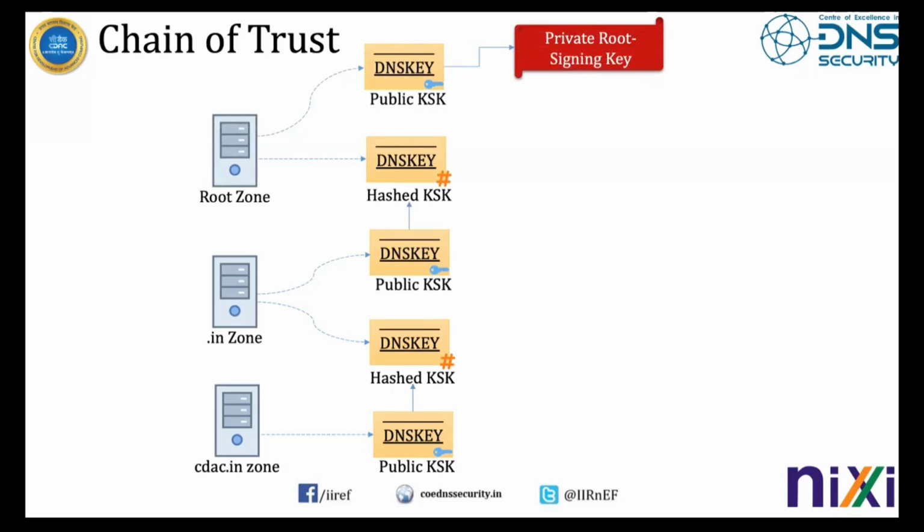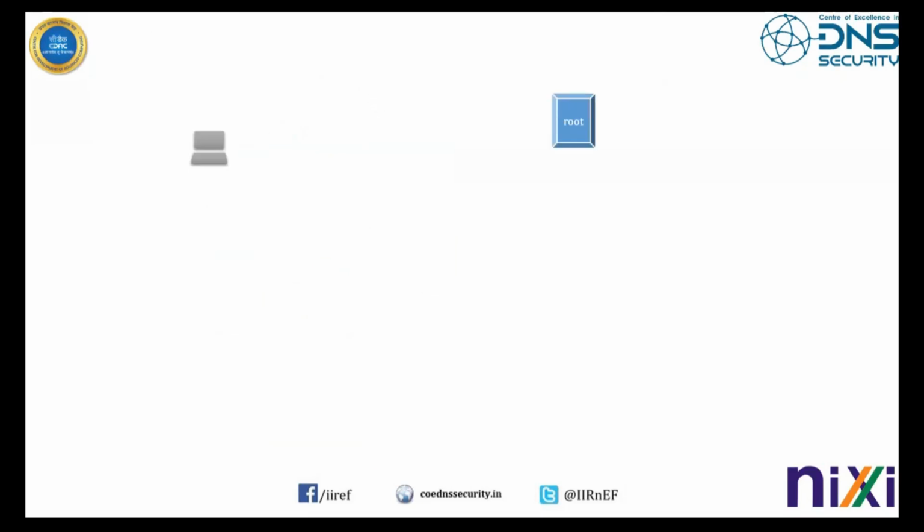So for that, I do not require another DS record. This is how the chain of trust is maintained via a DS record, which is basically a hash of the key signing key.